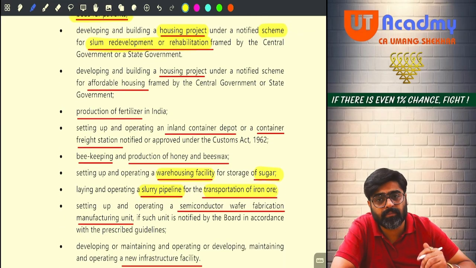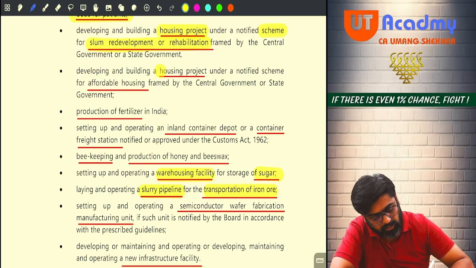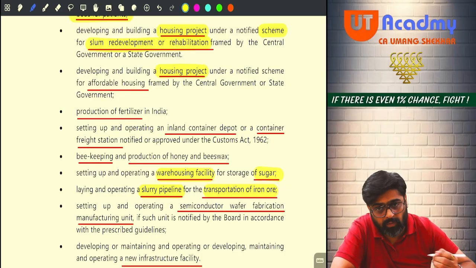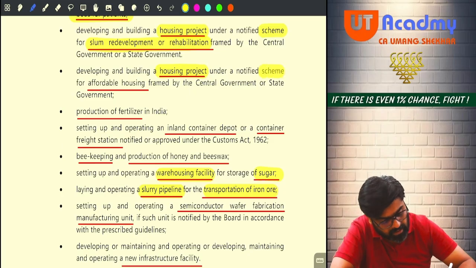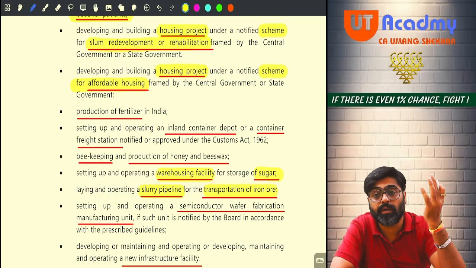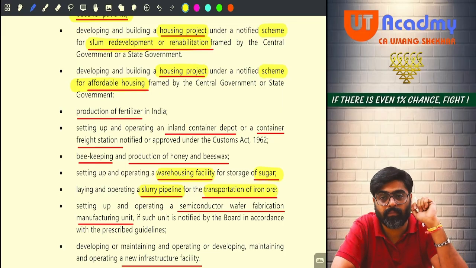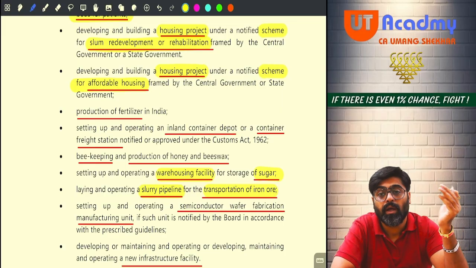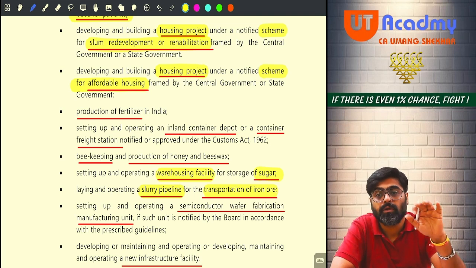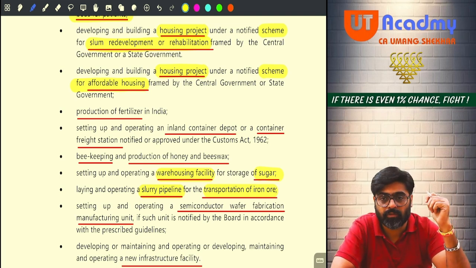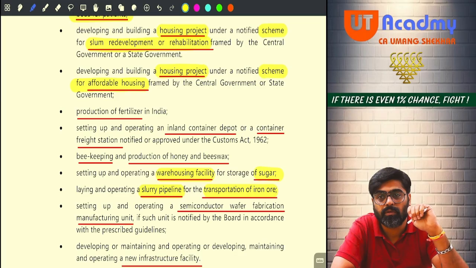Again you are building housing projects, but now these housing projects are under the government scheme of affordable housing. So under the government's affordable housing scheme, you are constructing houses. Under the government's slum redevelopment schemes, you are constructing houses. You are into such business, yes or no?